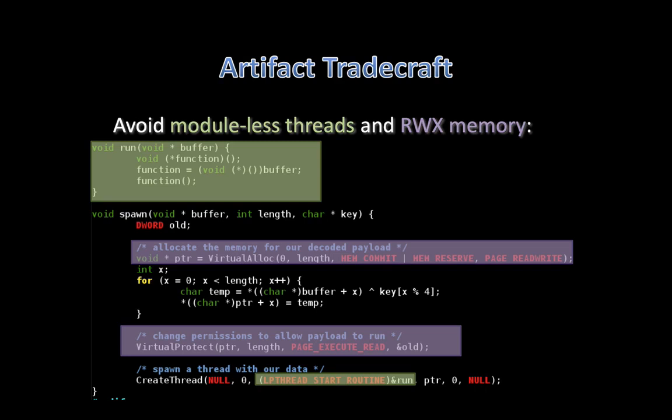Instead, I create a thread, and I have it call a function inside of my executable called run, and that function takes its argument, which is the pointer to my beacon reflective DLL package, and casts that to a function pointer and calls it. And so that's just me taking care to avoid creating a thread that is not affiliated with a module on disk.